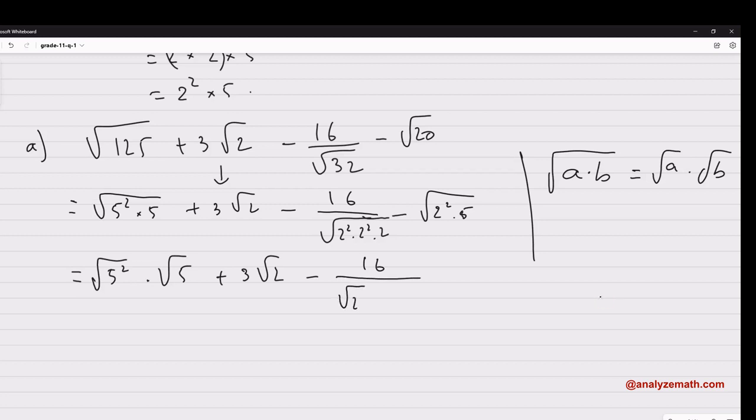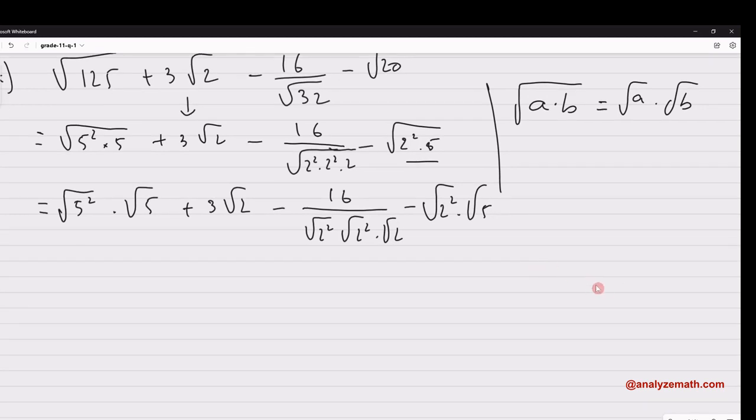Here square root of 2 power 2, 2 power 2, square root of 2. Now this here we also split like this. Now we have the perfect squares and the square roots. We start simplifying. This gives me 5.